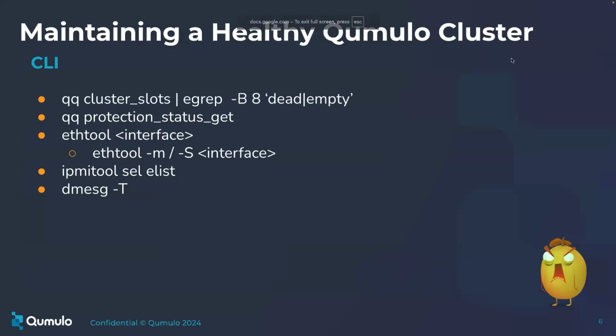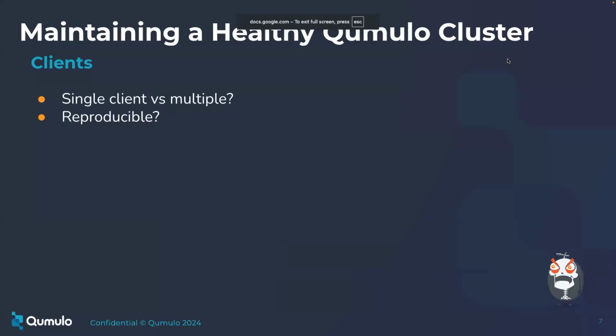Let's take a look at what else we got going on. So clients are the third way that we can really get notification that something may be wrong with the Qumulo cluster. It's one of those unfortunate things where the cluster or storage in general, it doesn't have to be our cluster per se, it could be anyone's cluster.